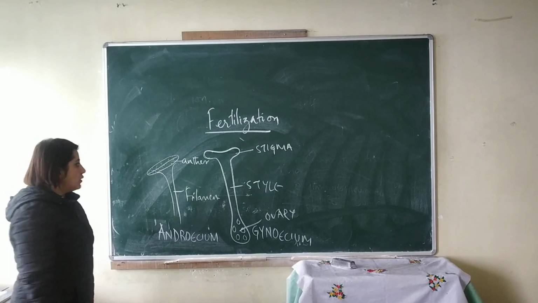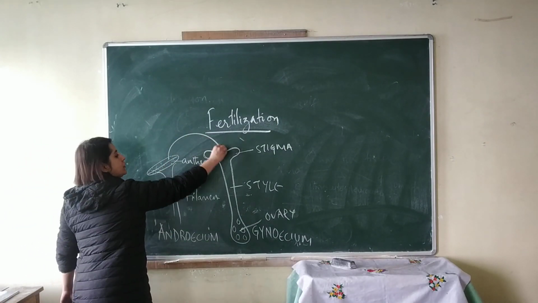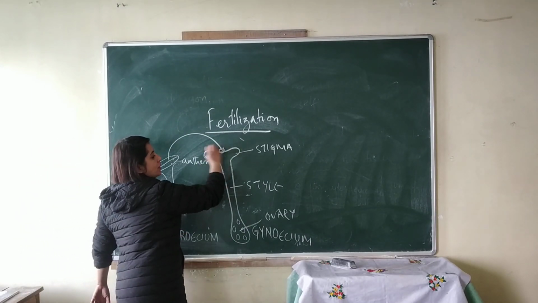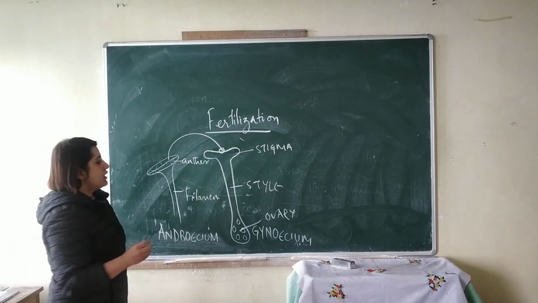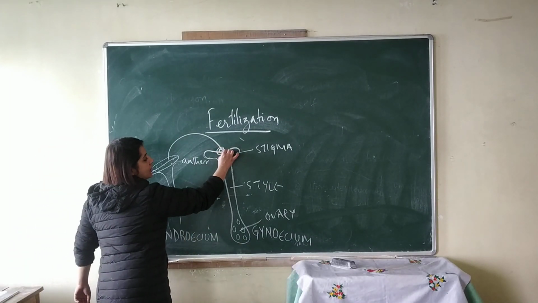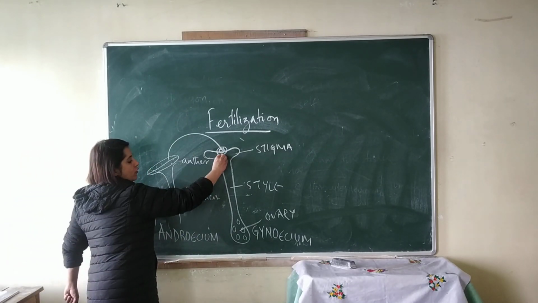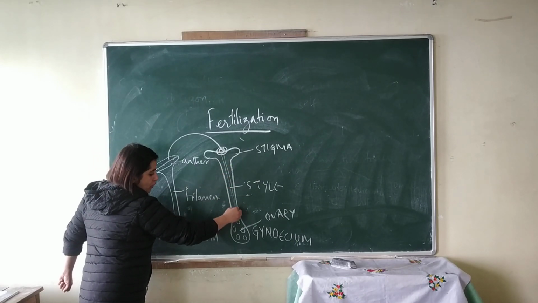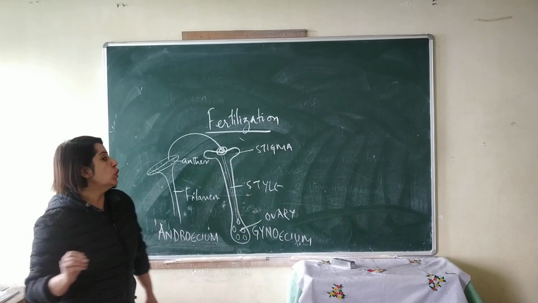Now in pollination, what has happened is the pollen grains are transferred from the anther to the stigma of a flower. Now what happens after pollination? Once the pollen grains land on the stigma, they grow in size and produce a long pollen tube which reaches the ovary and enters the ovule.